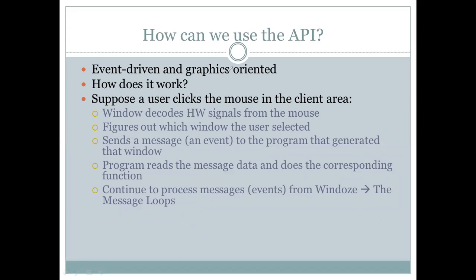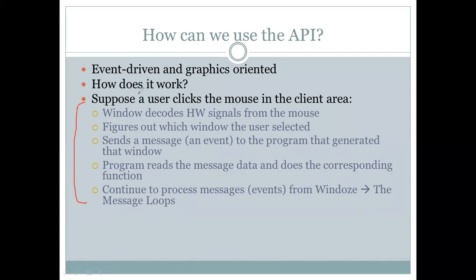Then how does this work? Let's discuss it with an example. Suppose the user clicks the mouse in a client area.